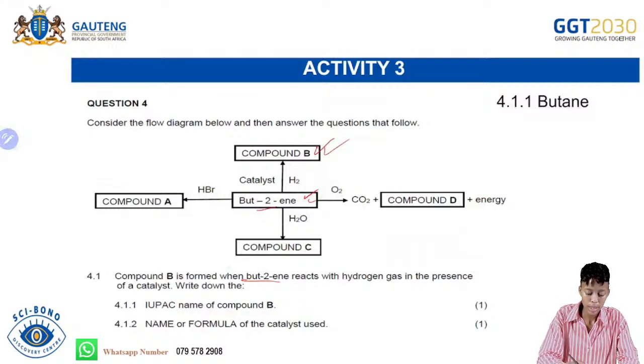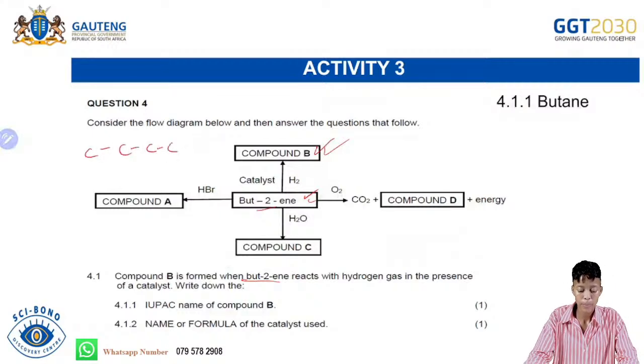So how did you get to the butane? With the but2-ene, it means that you have a double bond because of the ene, so you have an alkene, and you have a double bond on carbon number what? On carbon number 2.